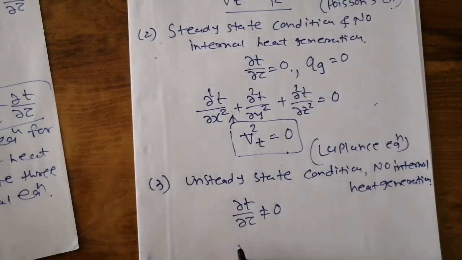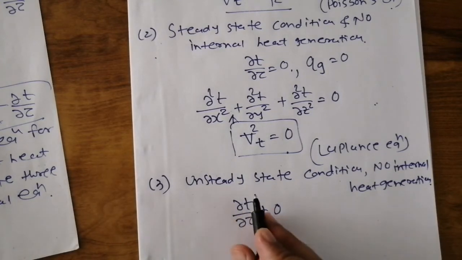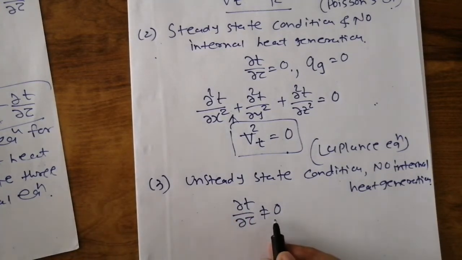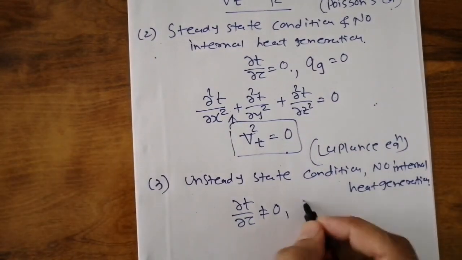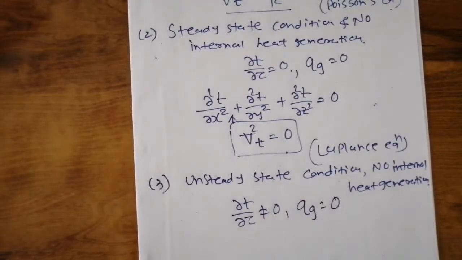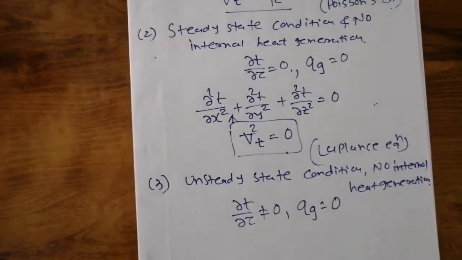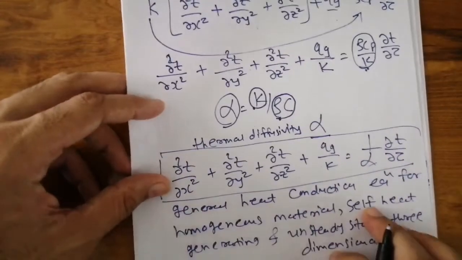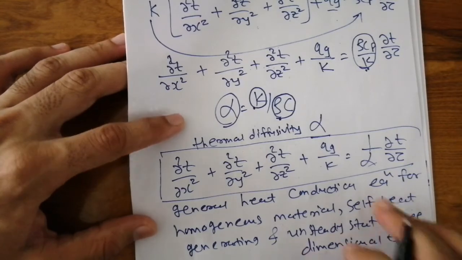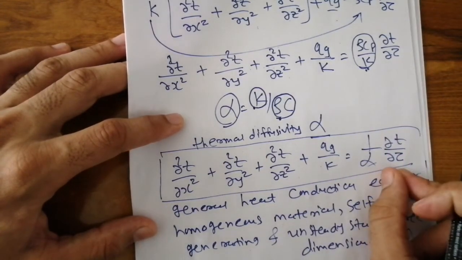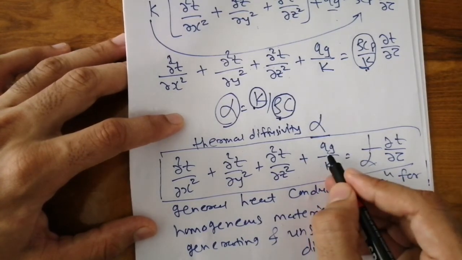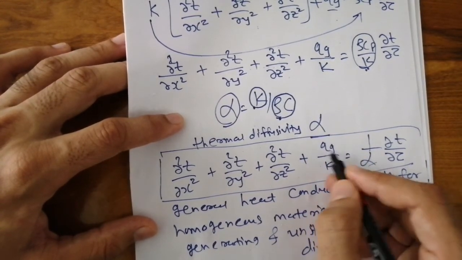Steady state means del T by del tau is equal to 0, and unsteady state means temperature changes with respect to time, so not equal to 0 will be considered. But no internal heat generation means QG is equal to 0. So from that equation, it will be reduced one more time. Del T by del tau not equal to 0 will be present, but only QG is equal to 0, so that term will be 0.